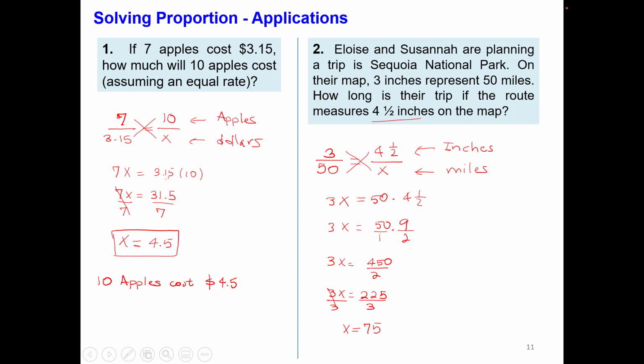And let's write this one. Then here we have 75. And then we can write that 4.5 inches on the map represent 75 miles.